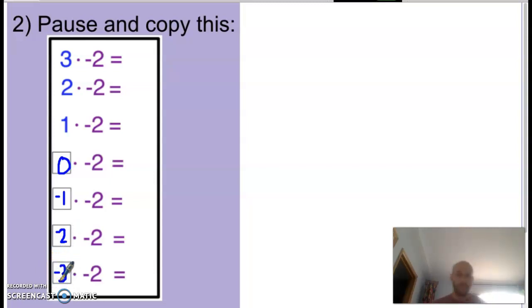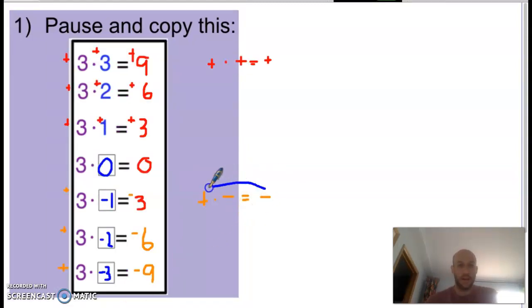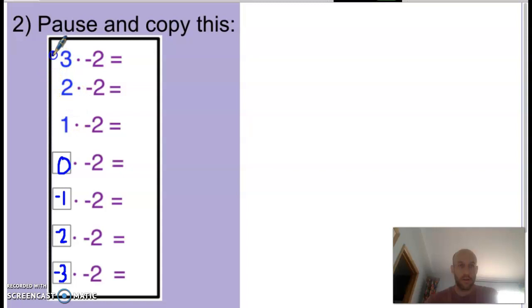Okay? All right, from our last screen, we know that a positive times a negative is a negative. So up here we have a positive times a negative. 3 times 2 is 6, so 3 times -2 is -6. 2 times 2 is 4, but we have a positive and a negative.